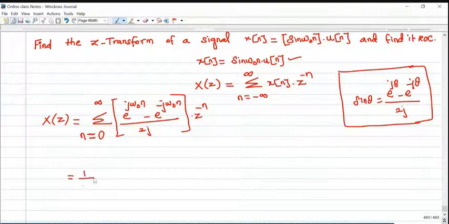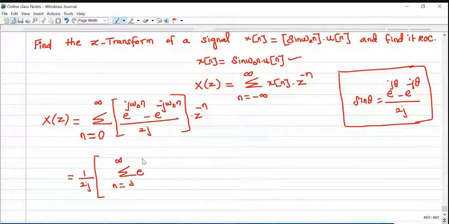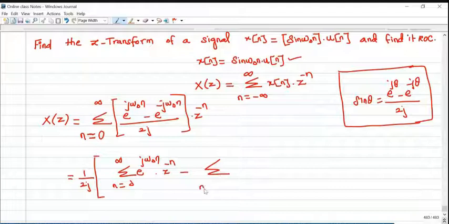So 1 by 2j take outside commonly. Now summation n equal to 0 to infinity e power j omega naught n z power minus n minus summation n equal to 0 to infinity e power minus j omega naught n z power minus n.